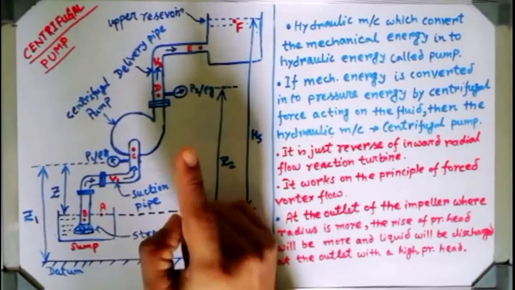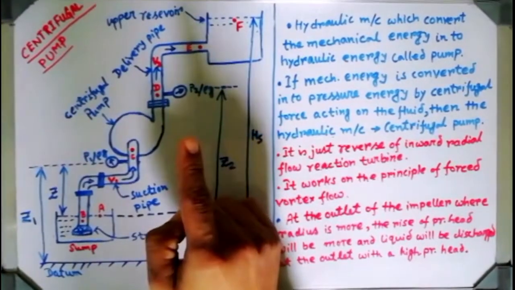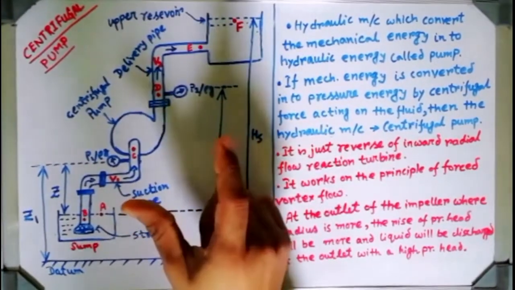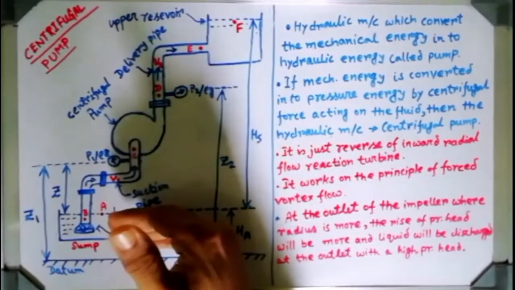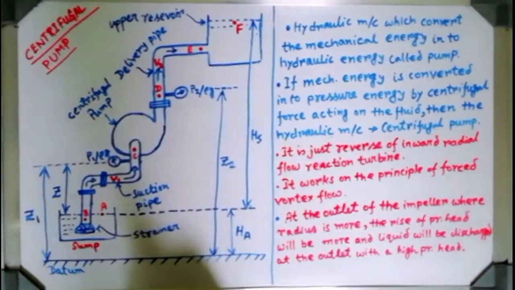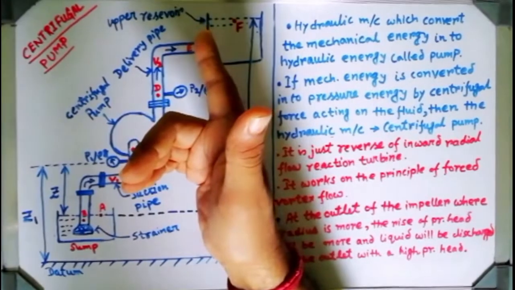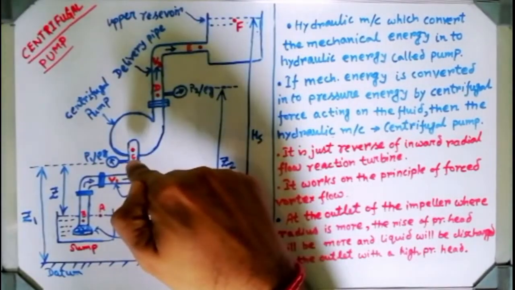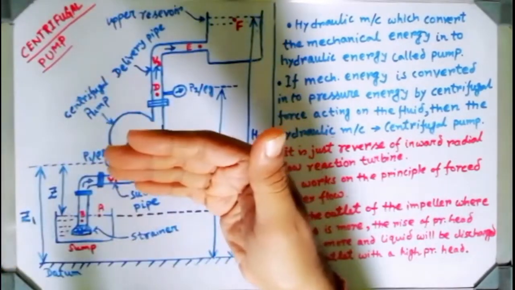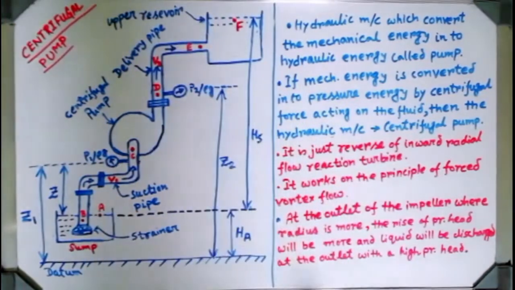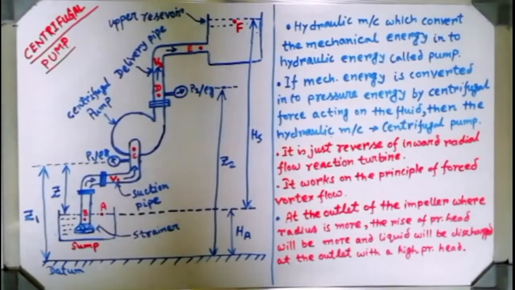The velocity diagram we have seen in case of the Francis turbine, that outlet velocity diagram will be the inlet velocity diagram in case of this, because there at the outlet it was radial flow, here at the inlet it will be radial flow, so it will be a kind of reverse image but some difference will be there. Okay, I will come to that afterwards.